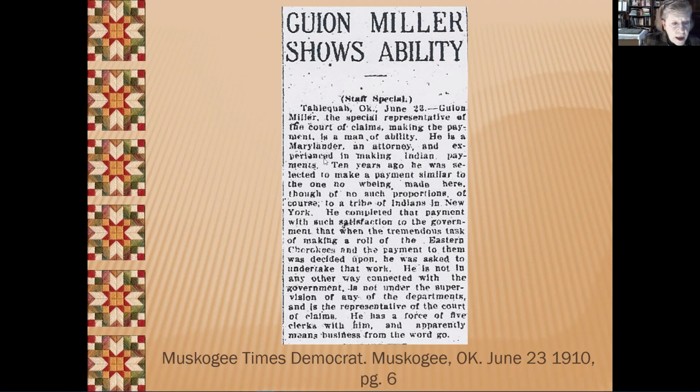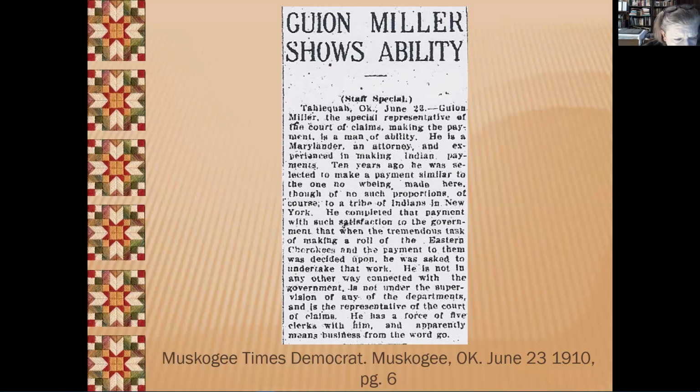Basically it's giving a little information about Mr. Miller and how he was qualified to actually complete the roll here. It says that he is a Marylander, an attorney, and experienced in making Indian payments. Ten years ago, he was selected to make a payment similar to the one now being made here, though of no such proportion.